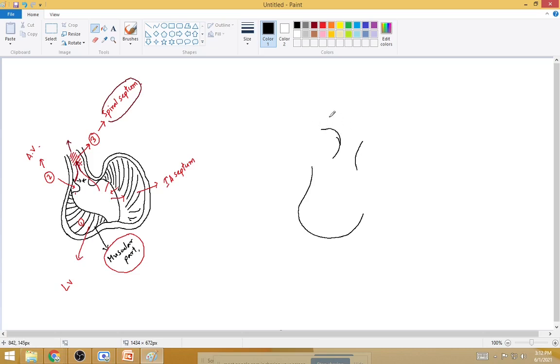It divides into two parts and it is draining what? If you just cut it down, you will see it is draining the right ventricle like that. Somewhere here is the atrium.